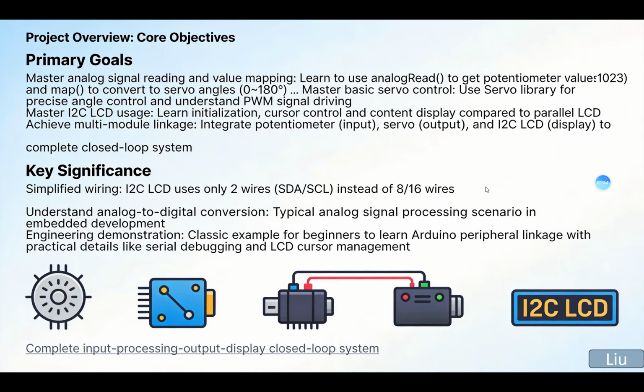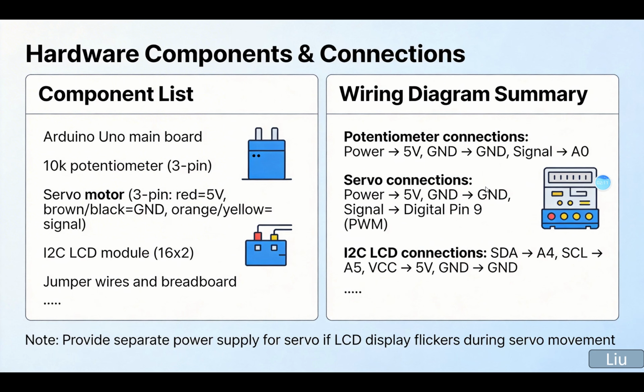Understand analog to digital conversion, a typical analog signal precision scenario in embedded development, and engineering demonstrate a classical example for beginners to learn Arduino physical linkage with practical detail like serial debugging and LCD cursor management.